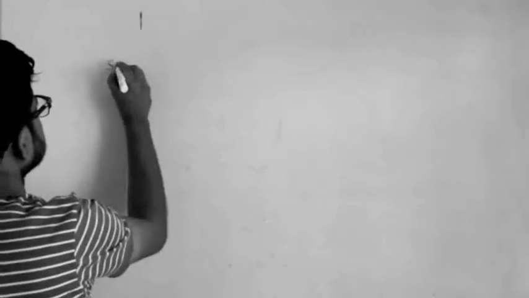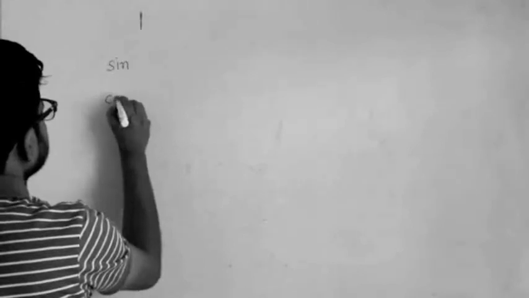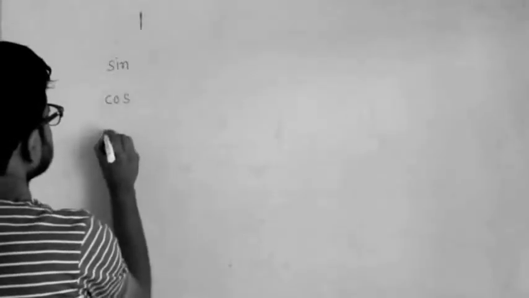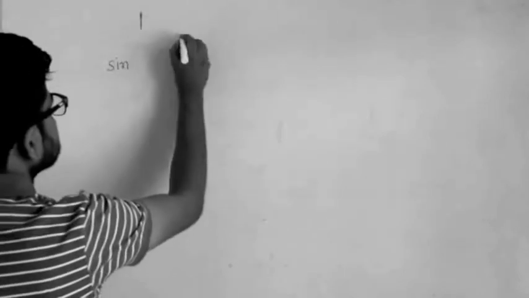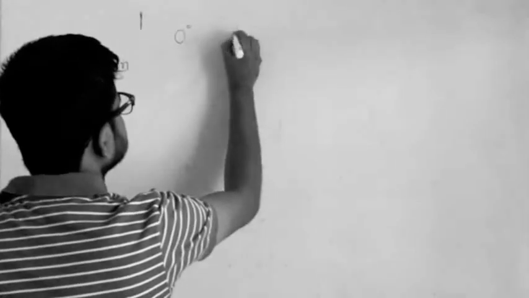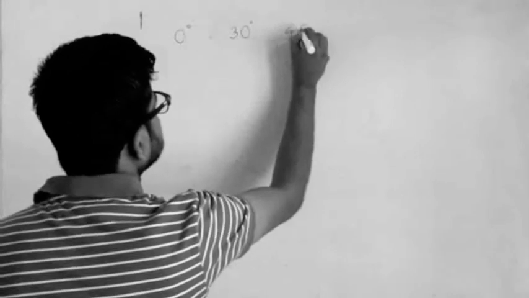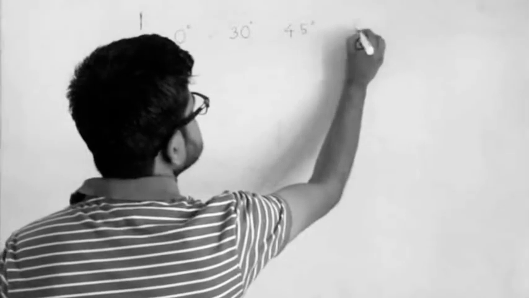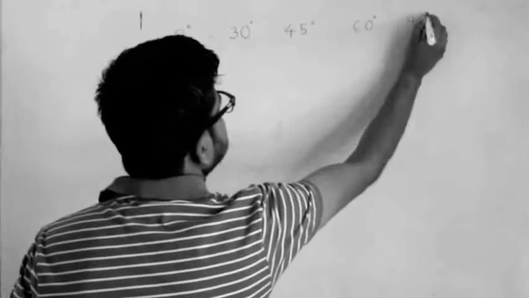Now, let us create one table. Sine, cos. The standard angles are 0 degree, 30 degree, 45, 60 and 90.